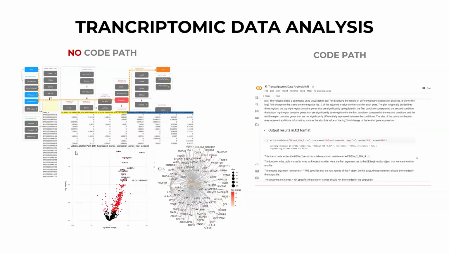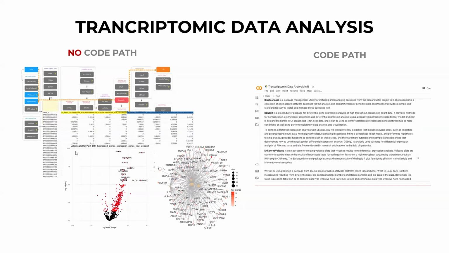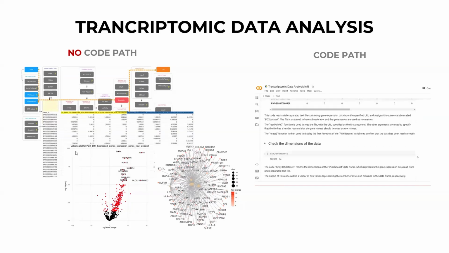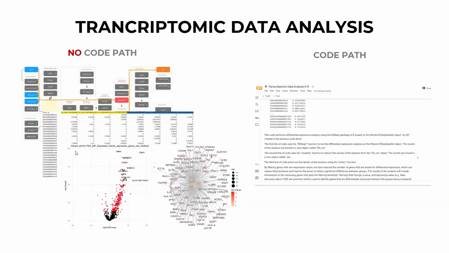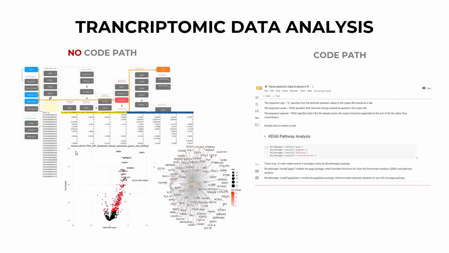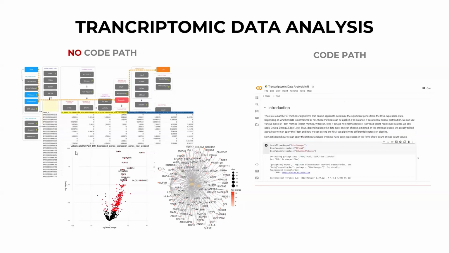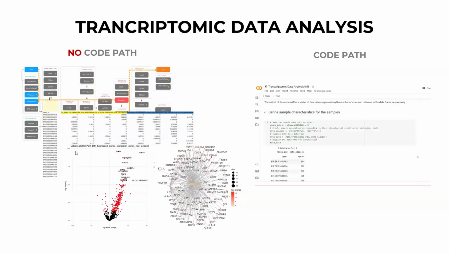And for transcriptomic data analysis, we'll go through specifically Excel, how to perform different statistical tests using Excel. And that's a very basic fundamental skill that you should have if you're working with RNA-seq data. And then the code path will include how you can use R for RNA-seq analysis.